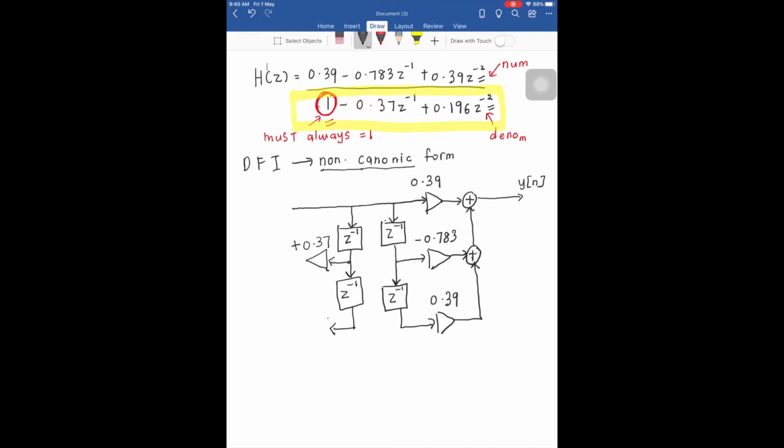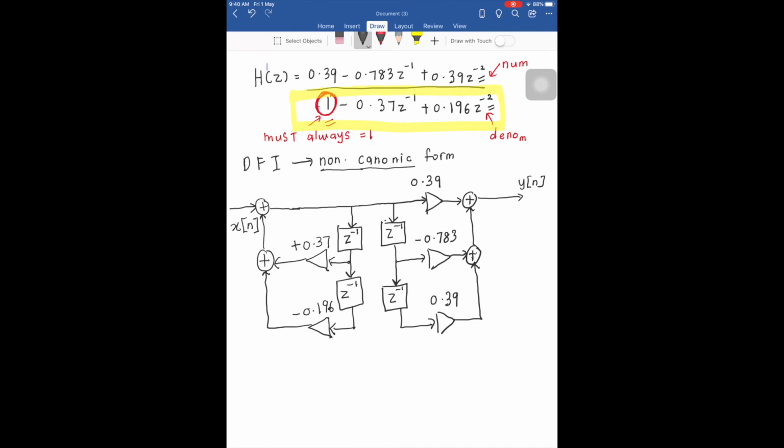Next we have our second constant. Instead of positive 0.996, now you have 0.196. Let's combine the components and then connect to our input x[n].